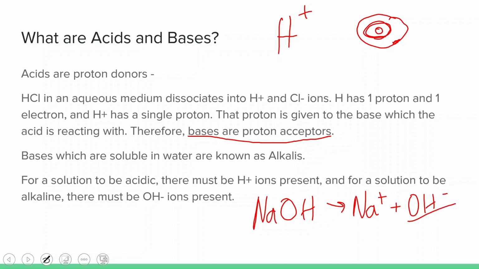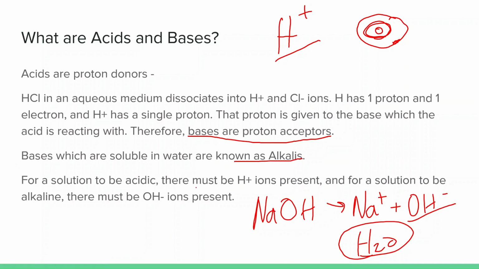This OH- and this H+ will react to form water. That is how protons are accepted by bases, and that is how the neutralization reaction works in general. Like I said, bases which are soluble in water are known as alkalis, and for a solution to be acidic, there must be H+ ions, and for a solution to be alkaline, there must be OH- ions.